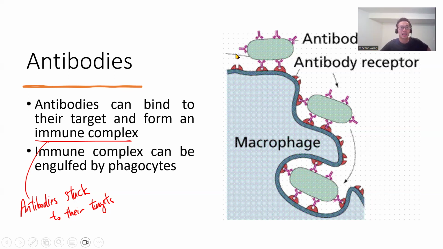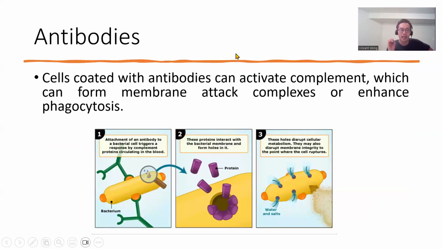Okay. Another thing the antibodies can do is work together with the complement proteins. They can complement each other, they can synergize, and help form these membrane attack complexes, which we learned last time as well.